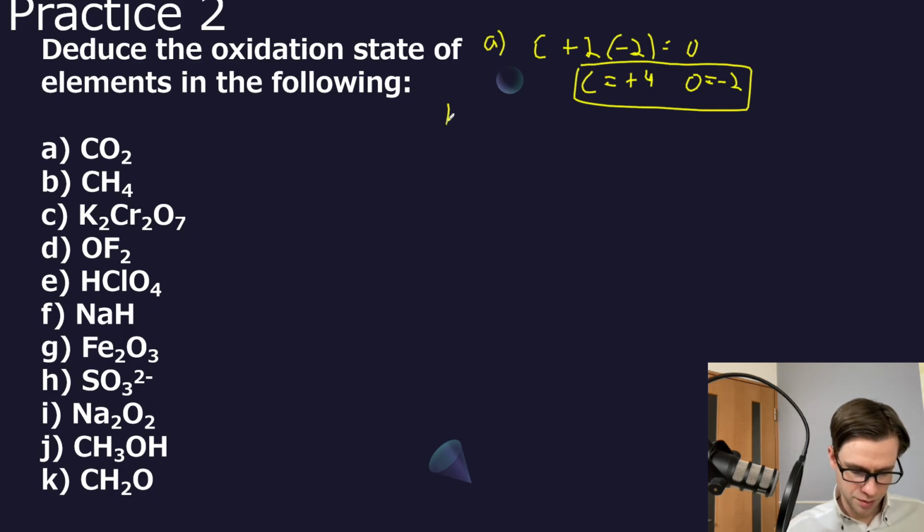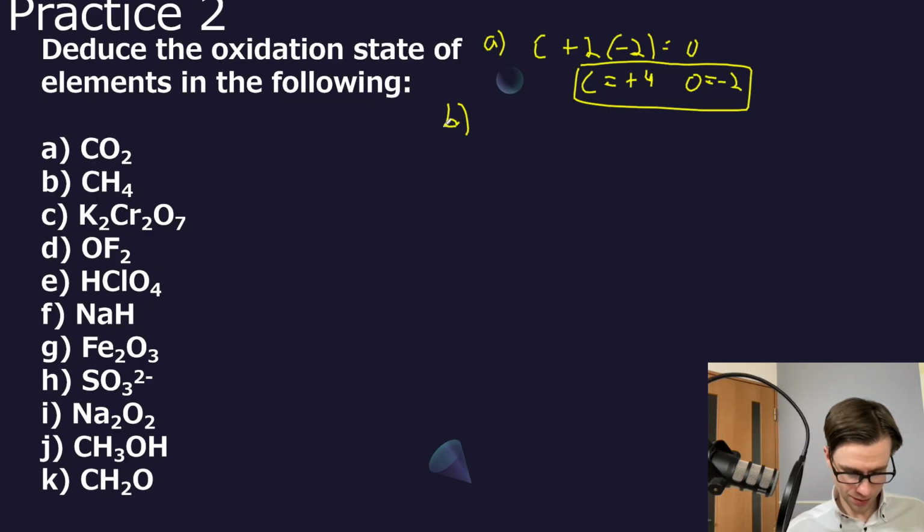Good. B then, CH4. This is pretty tough. There's not a lot of clear whole rules about this, but remember that when hydrogen is with non-metals, generally it's going to lose its electron.